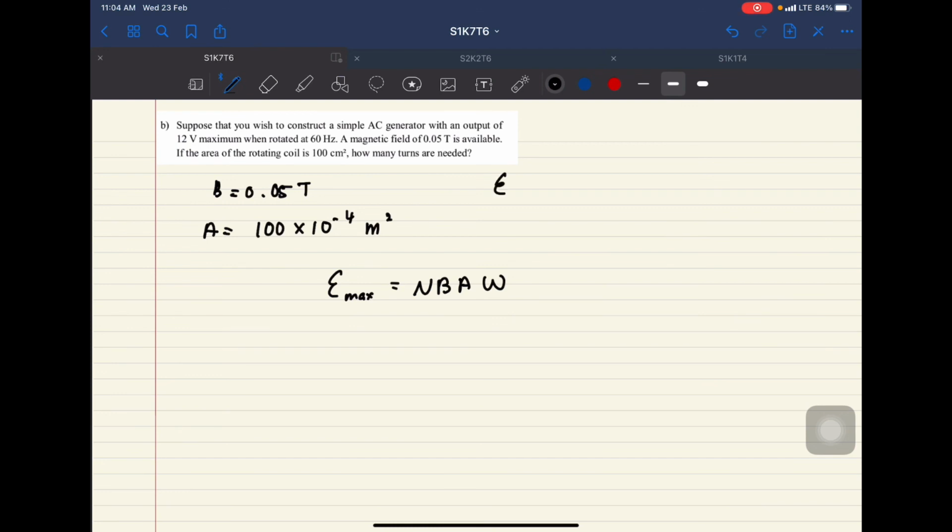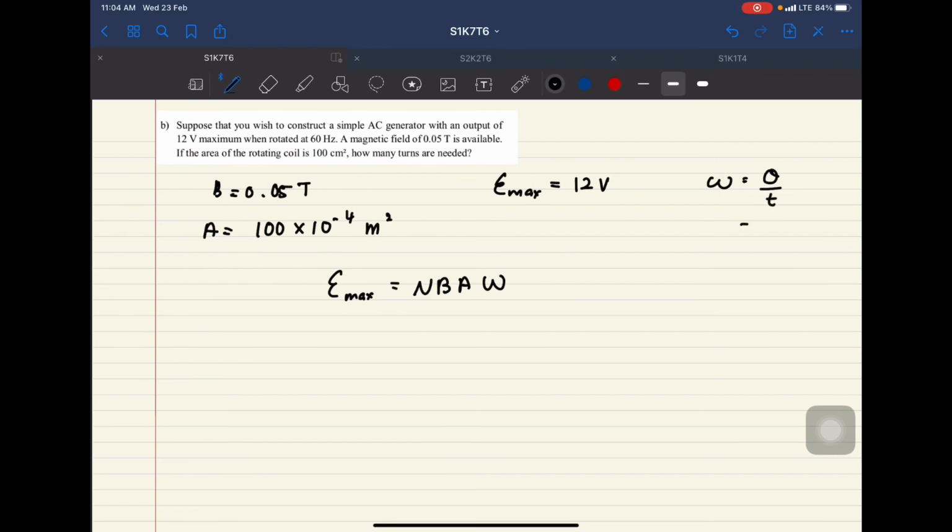Okay, they want to find N. They did give you induced EMF maximum, which is 12 volt. Okay, so you want to find numbers of N. So now you have to solve the omega. Okay, they didn't give you directly the omega, right? But you know that omega is equals to theta over t.